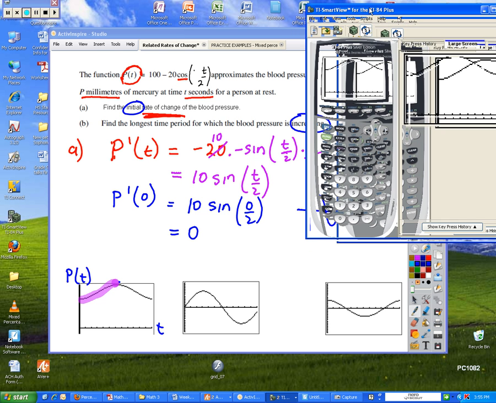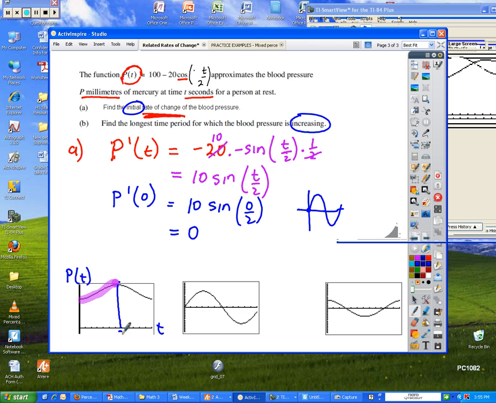I'm going to find this value here, because then this period is the largest period we have where the blood pressure is increasing. So I'm going to find the value of x where we have this maximum here.